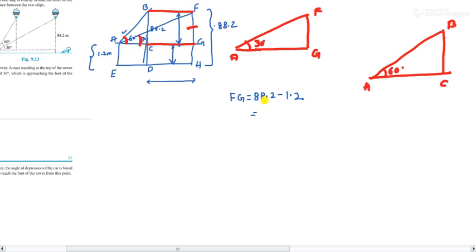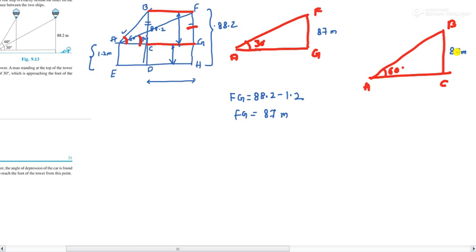So how much will you get? 87, correct? So FG is 87. FG and BC are the same, so I'll name it directly here, 87 meter, and even this is 87 meter. Got it? Are you guys getting?